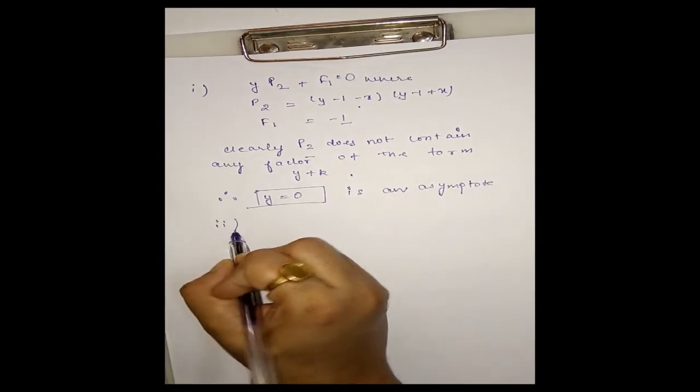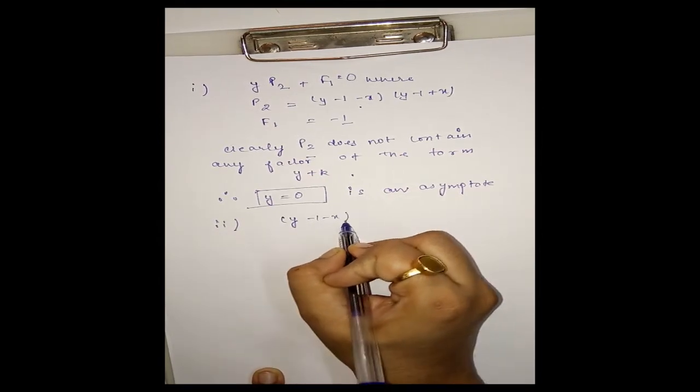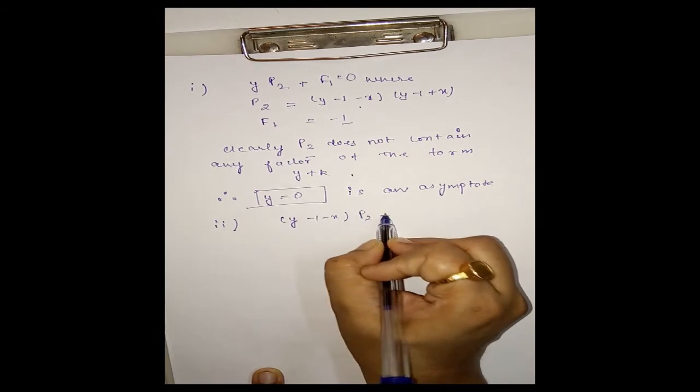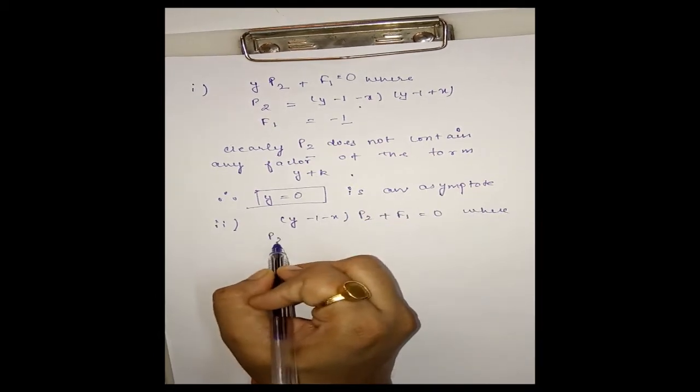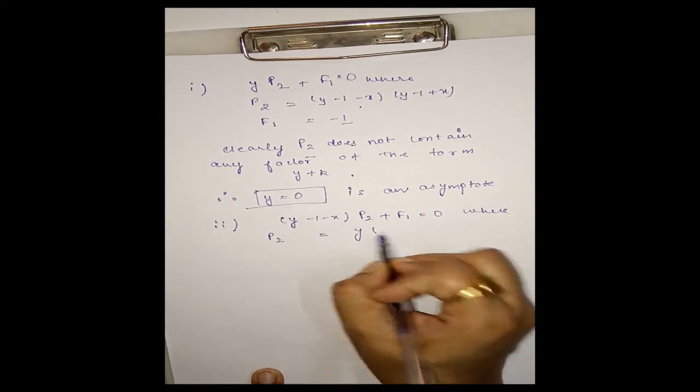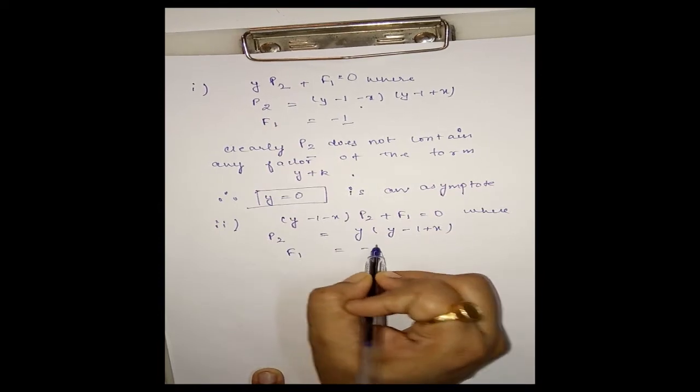In the same way, for the second form, I can rewrite my equation as (y - 1 - x) P_2 + F_1 = 0, where P_2 is y(y - 1 + x) and F_1 is the same, -1.